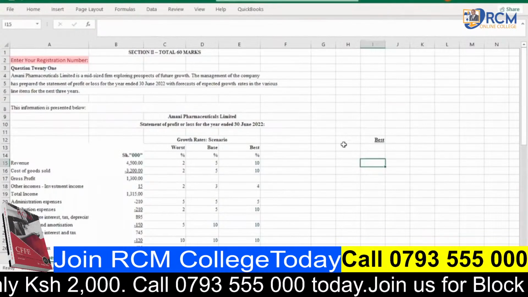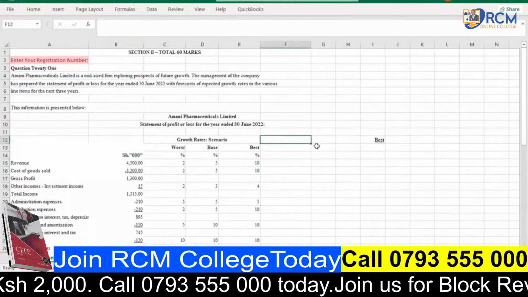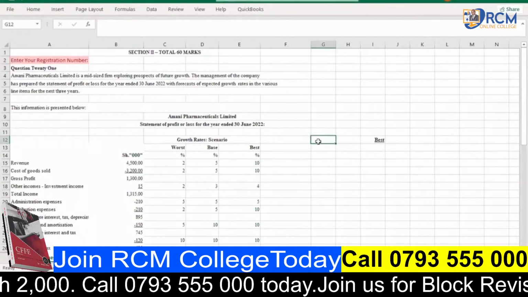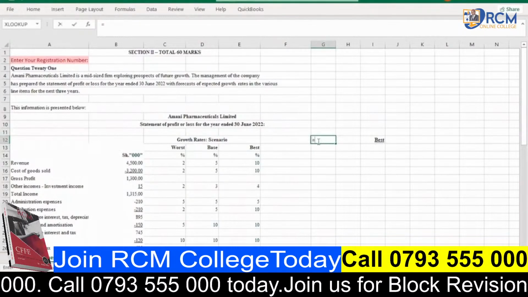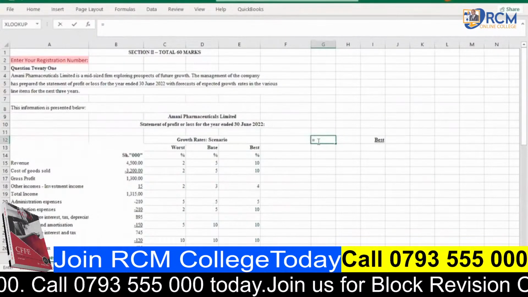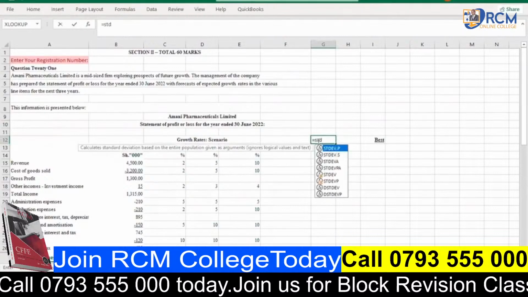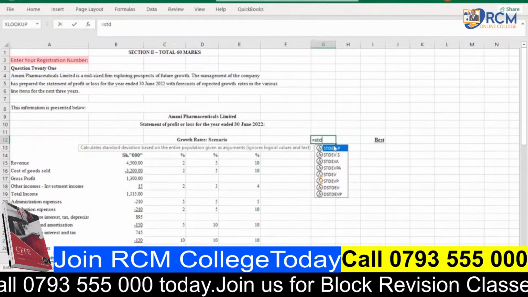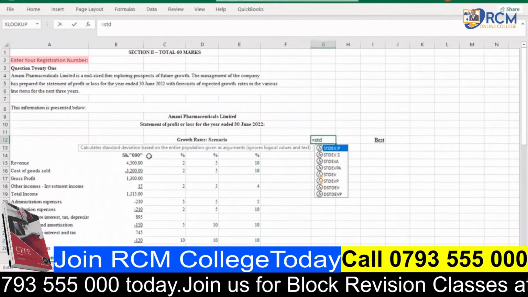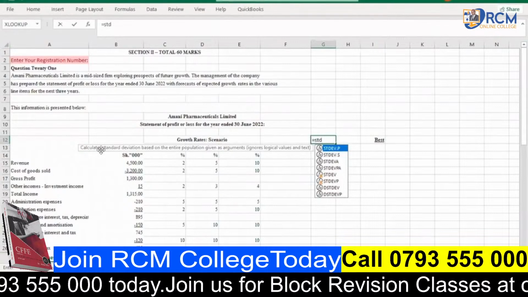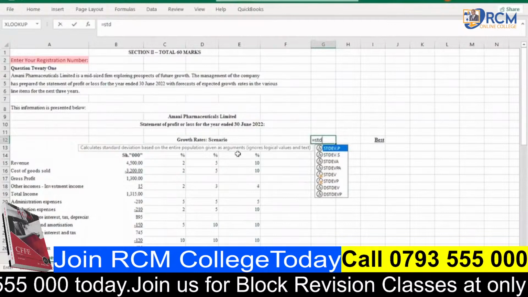How do we do that? You are allowed to use this document in your exams. Just come to this section here, because that's a function in Excel. Type equal to, then standard deviation P. The moment standard deviation P appears, the application of that formula is given here: calculate standard deviation based on the entire population given as arguments.